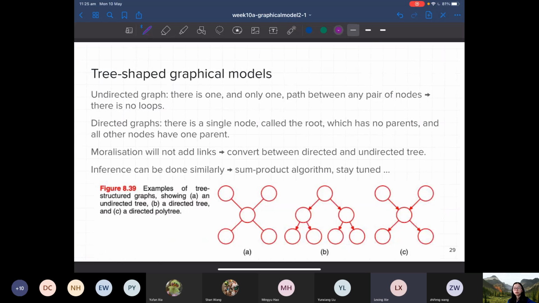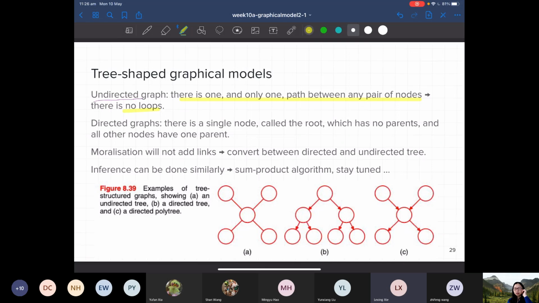So here's a word for tree-shaped graphical models. First of all, what is a tree? An undirected tree is basically one where there is one and only one path between any pair of nodes, and there are no loops in the tree.